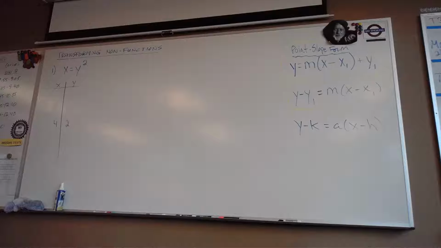Avery, can you give us another pair of numbers? 9 is equal to 3 squared. Elijah, can you give us another pair of numbers? 16 is equal to 4 squared. 25 is equal to 5 squared.